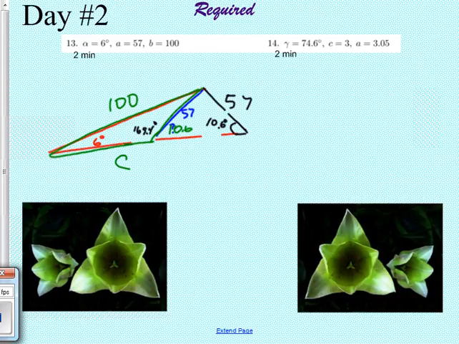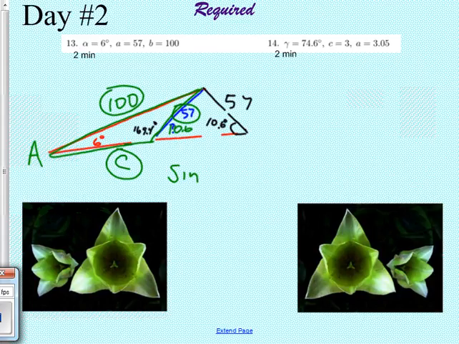I'm going to choose to call this C to go with this C. And this 57, I'm going to call it A to go with this A. I could have called those B if I wanted to. There's not a law that says the longest side has to be C or something like that.